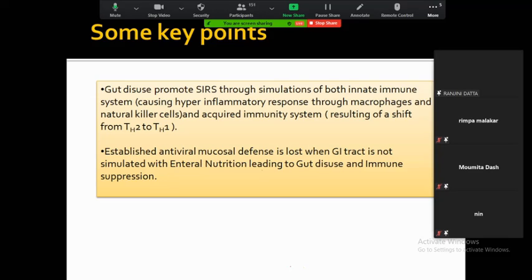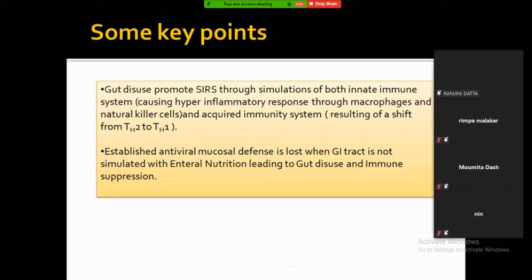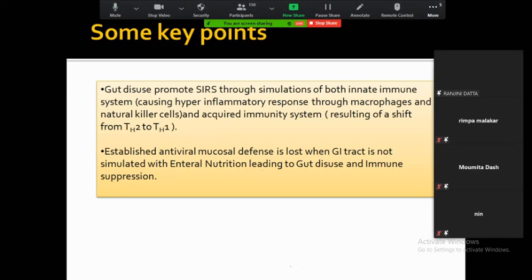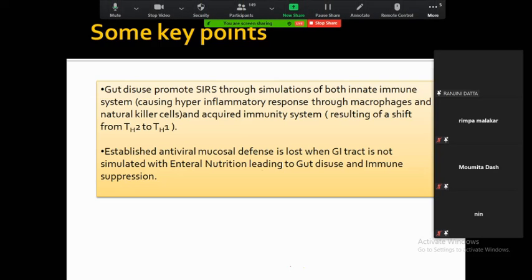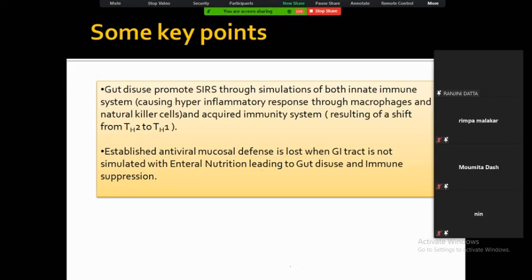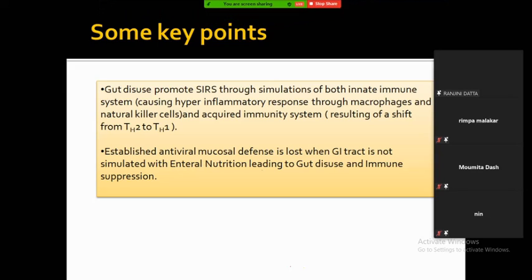Once again reminding that gut disuse promotes SIRS, as I just said, through innate immunity as well as acquired immunity. Another thing is that it is established that antiviral mucosal defense is lost, and this is, as I have already mentioned, one of the reasons why early or overzealous use of parenteral nutrition leads to nosocomial infection in ICU patients or in critically ill patients.